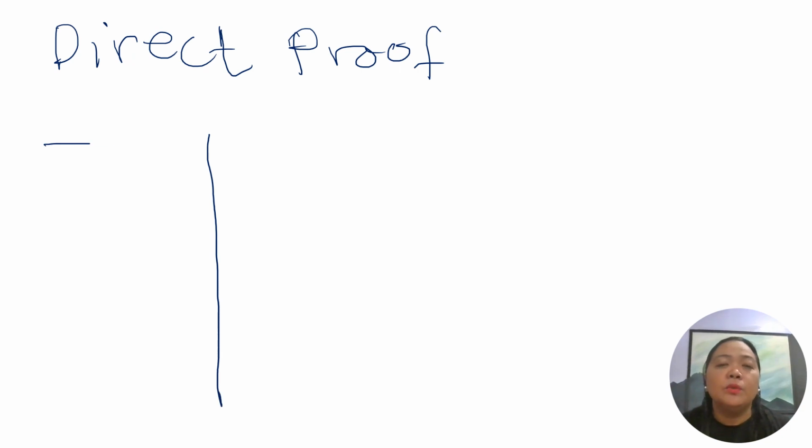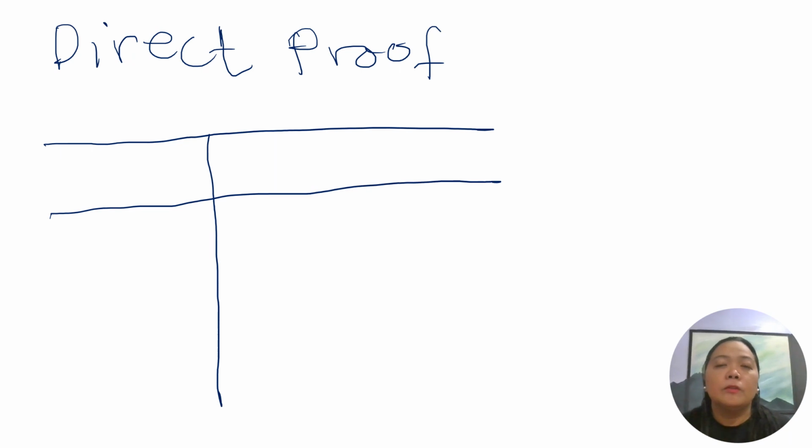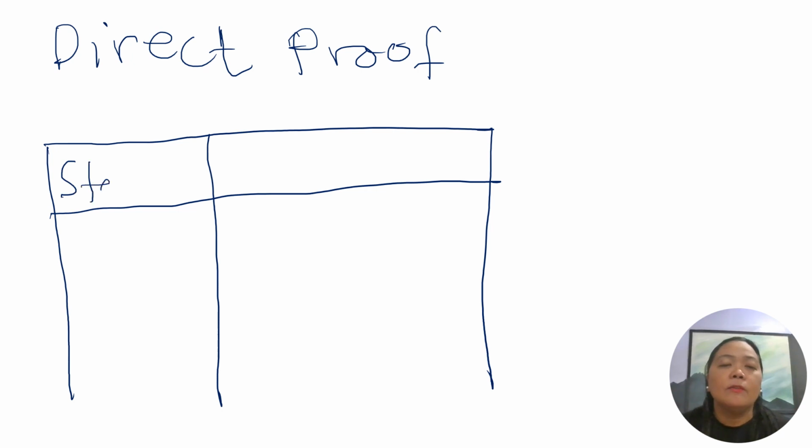A two-column proof. Where this column is for the statement, while this one is for the reason.